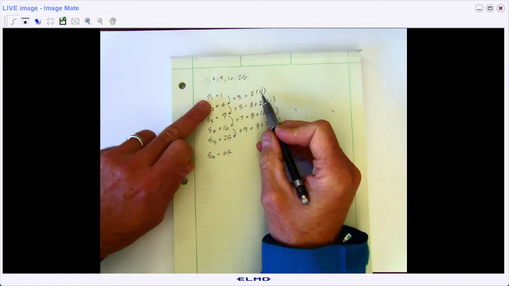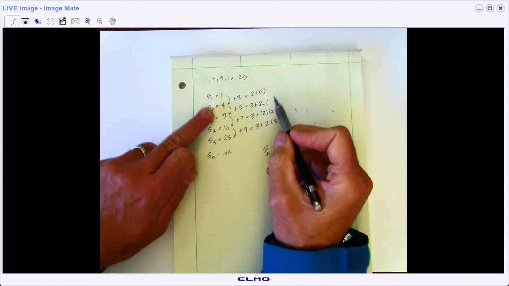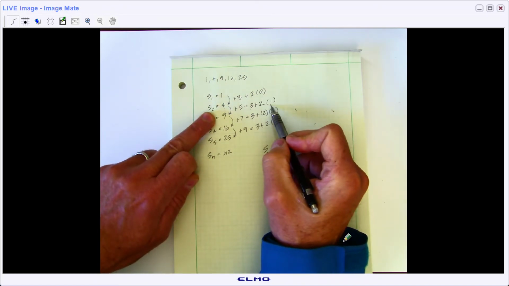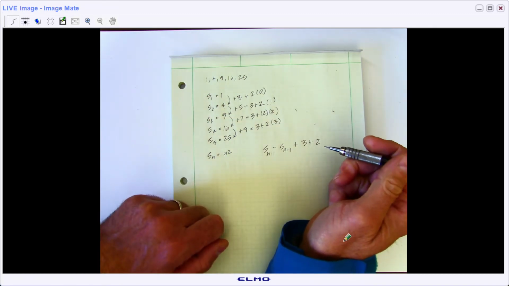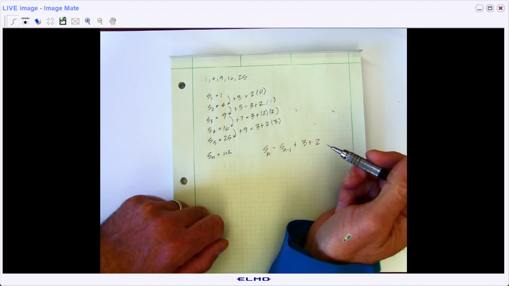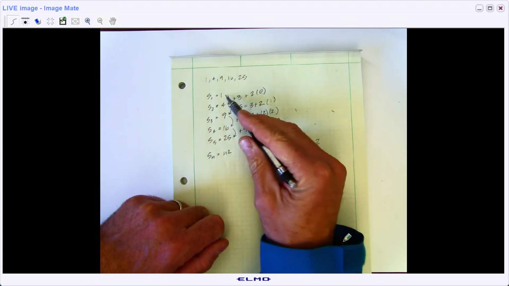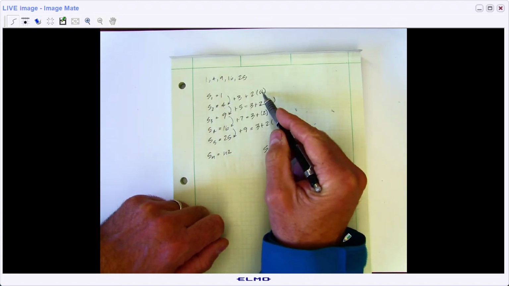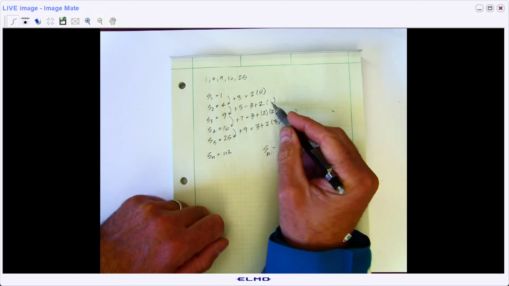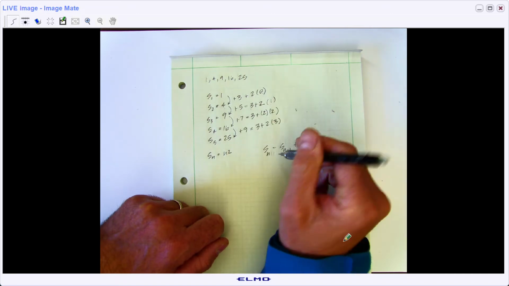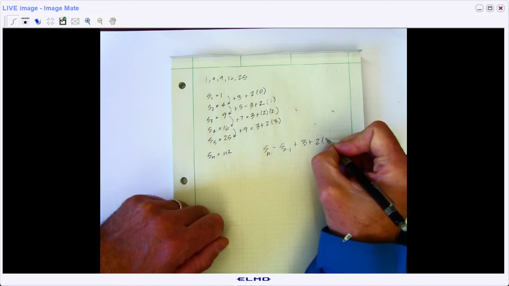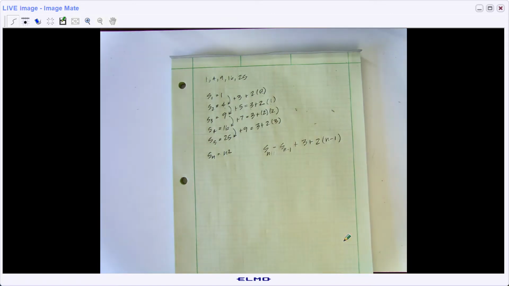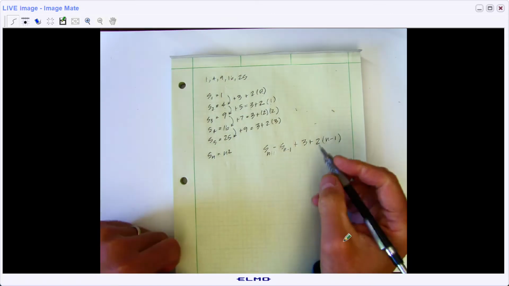And in this case, you can see that the number is always 1 less than the term number. Is that right? Let's see. To get from here to here, I am adding, yes, 0, 1 less than n. Here I'm adding 1, which is 1 less than the term number. So this n right here, I'm adding 1 less of it. Let's see if that works. So it appears like it works this way.